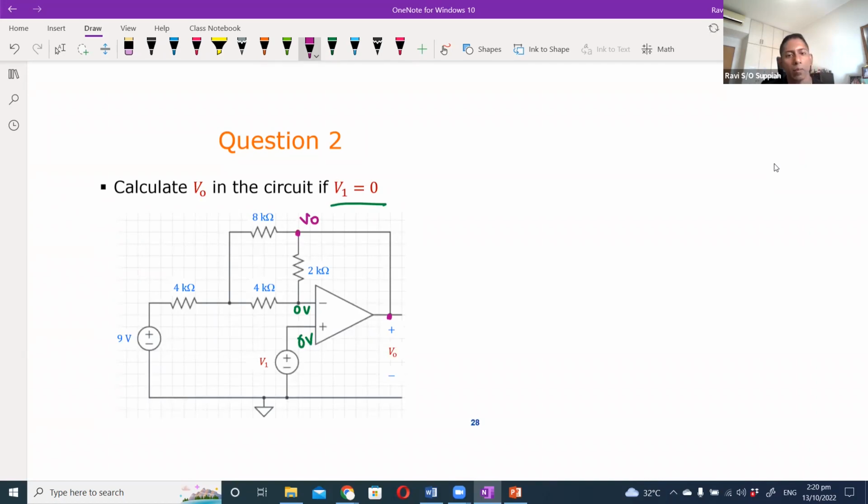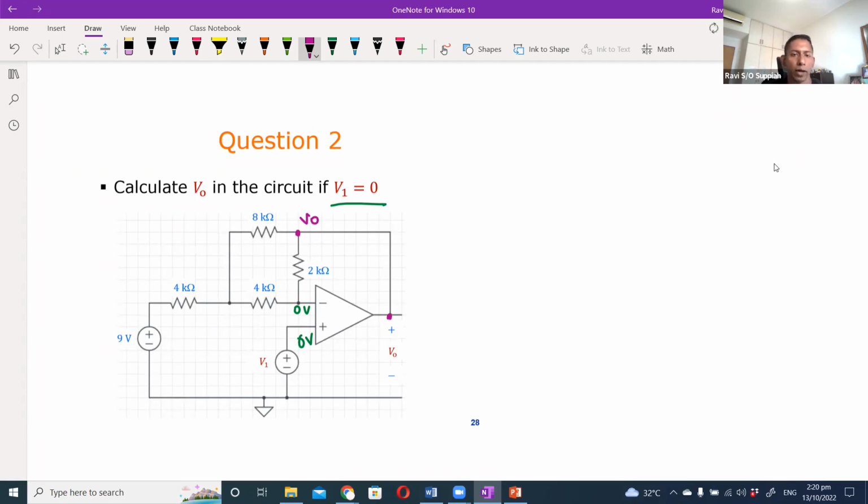Then we know that we want to get an expression to solve for V0. Whenever it is not a standard configuration, and the standard ones are the inverting and non-inverting, like in this case where you have some resistor network which is not so obvious to solve, then the technique is always to apply node analysis.